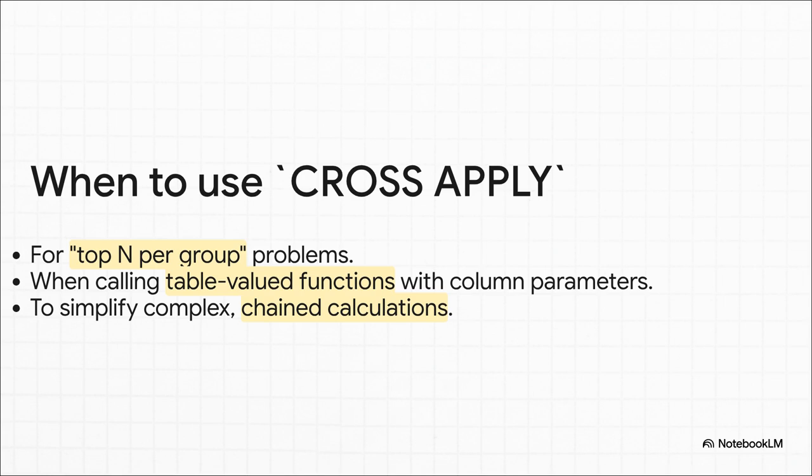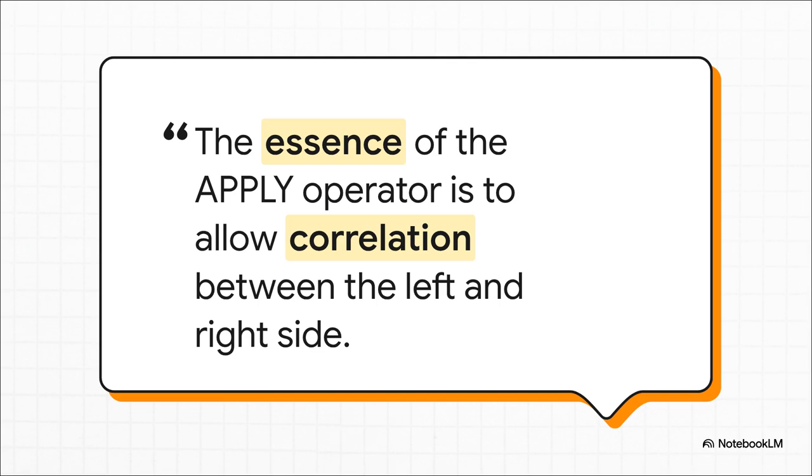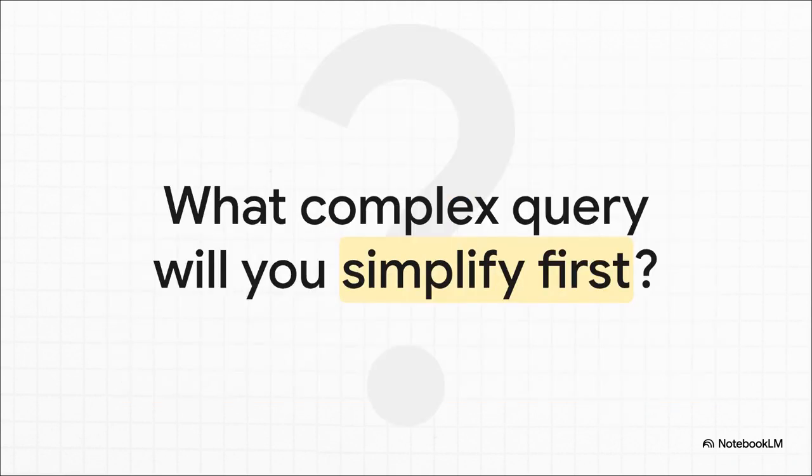And seriously, if your query is turning into a messy web of nested calculations, apply can almost certainly simplify it for you. If you remember just one thing, make it this. The very essence, the entire soul of the apply operator is to allow correlation. It's the thing that lets the right side of your query know what's happening on the left side, one single row at a time.